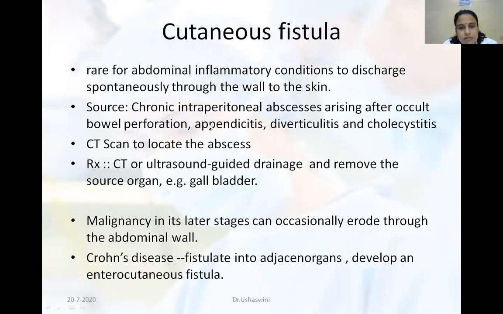So when you see a fistulous opening on the anterior abdominal wall, in a patient who has a history of bowel perforation or underwent a surgery, then we'll have to do an ultrasound scan or a CT scan to locate the origin of that abscess leading to a fistula formation. Next, we'll always have to remove that offending organ, offending structure.